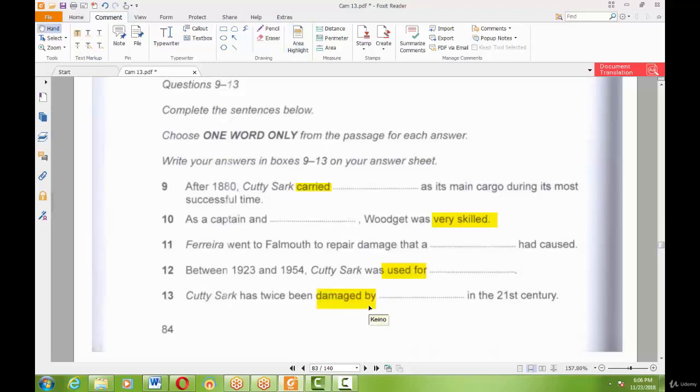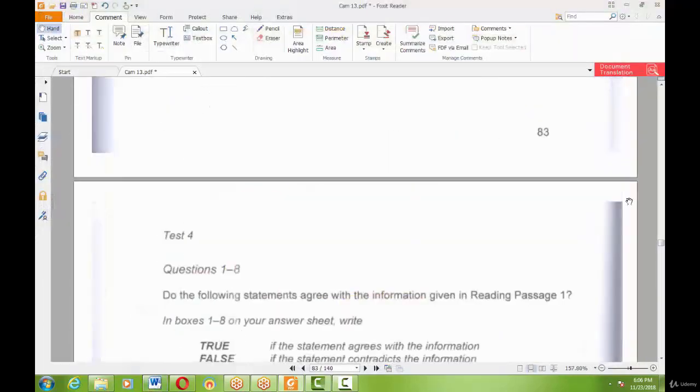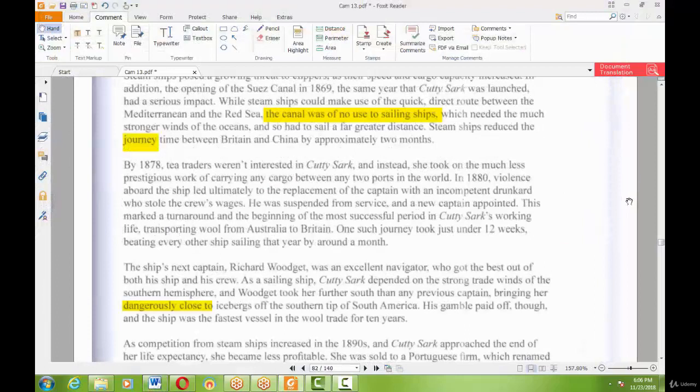All right, after 1880, he carried what? After 1880. Here's 1880. All right, so I'm looking for a synonym for carried. Right here.